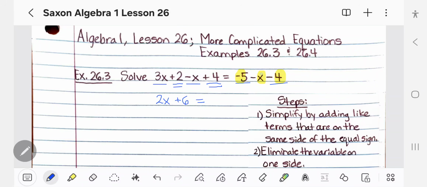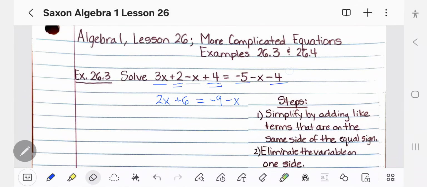Ignore the middle for just a second. Don't get distracted by what's in the middle. Negative 5 minus 4 is like negative 5 plus a negative 4, which would be negative 9. So I'm going to write a negative 9 down. Then I bring down that term that didn't have anything else like it.